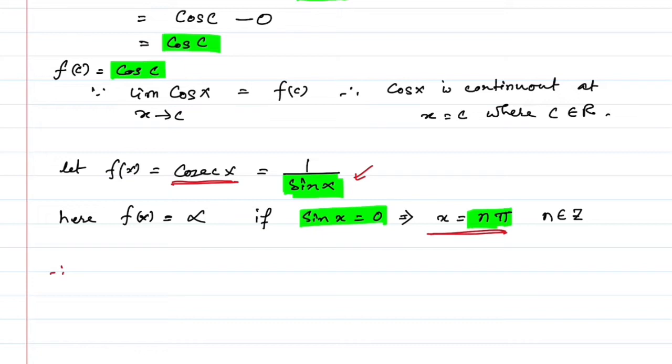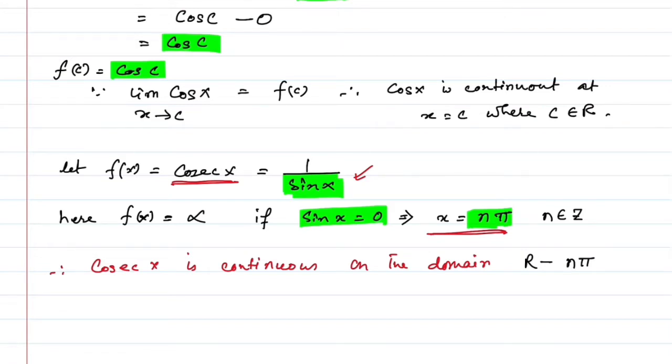Therefore, we can write that this function f of x, cosec x, is continuous on the domain R minus n pi.